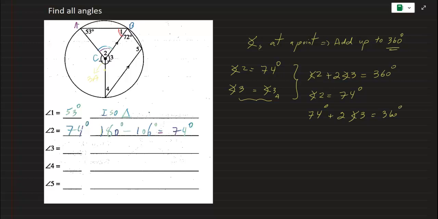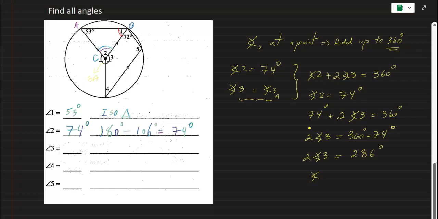We're going to do the math. So 2 times angle 3 is equal to 360 subtract 74. And what do we have? We have 286 degrees when you subtract 74 from 360, but we don't need 2 times angle 3, we need angle 3.